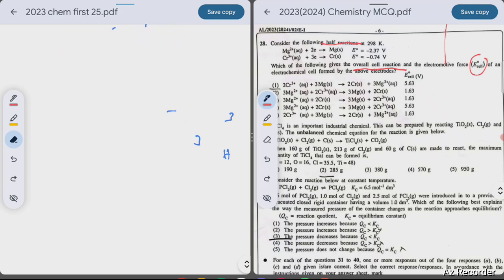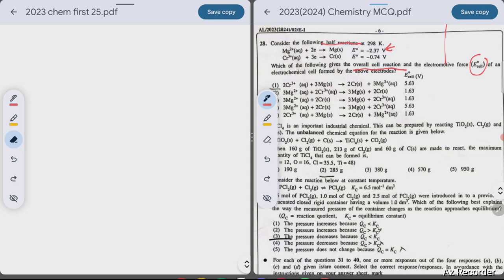How can we identify the anode and the cathode? The E0 value is lower for the anode, which means the more negative E0 value is the lower E0 value. So what is the more negative E0 value here? Minus 2.37 volt is the more negative value here.